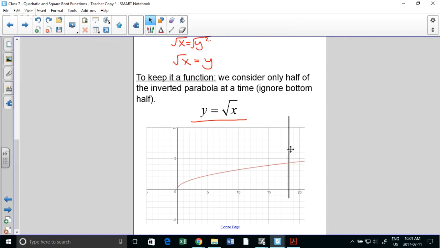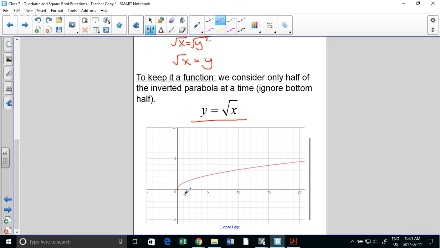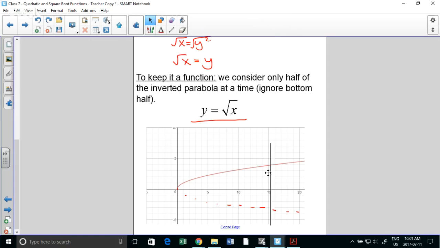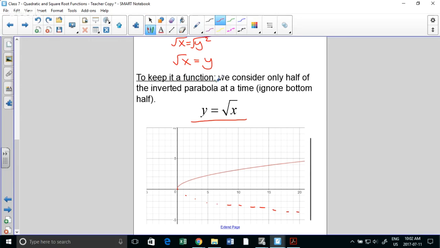So if we test it with the vertical line test, this is a function. Whereas if we had the whole parabola sideways, this would not be. So to keep it a function, we are just working with half of it.